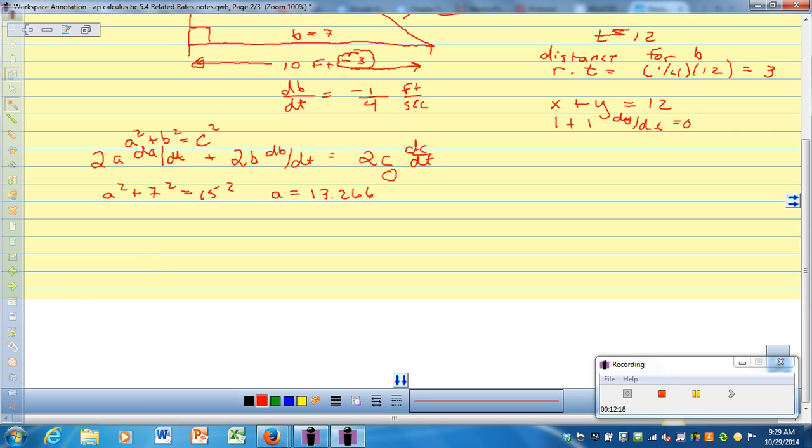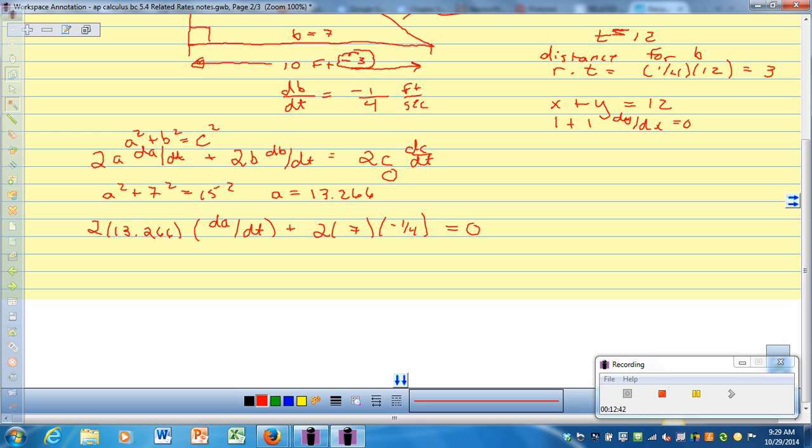Do this at your desk, please. When doing related rate problems, our physics and vector conventions hold.